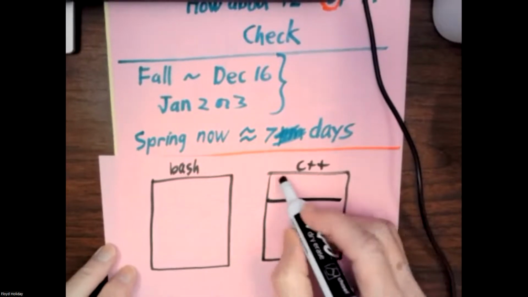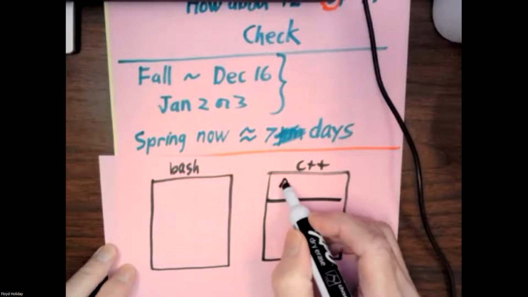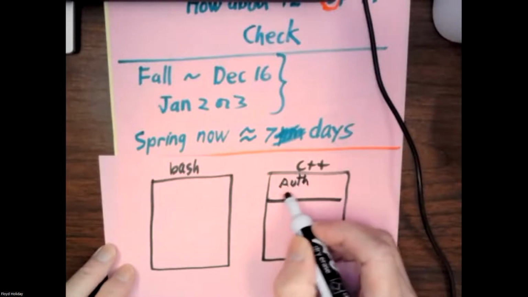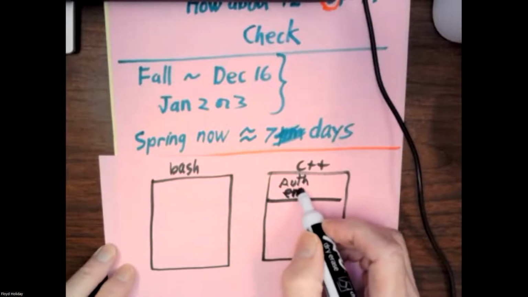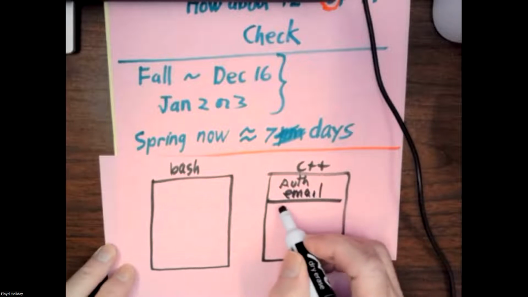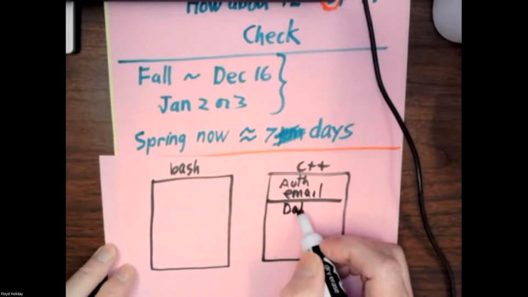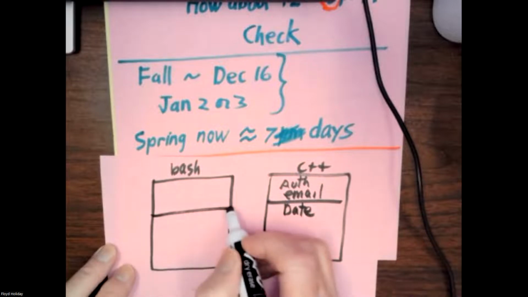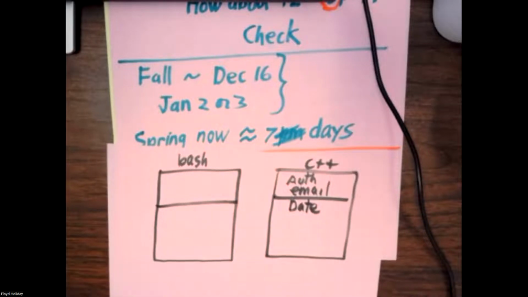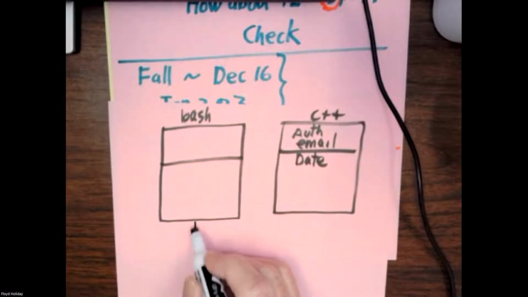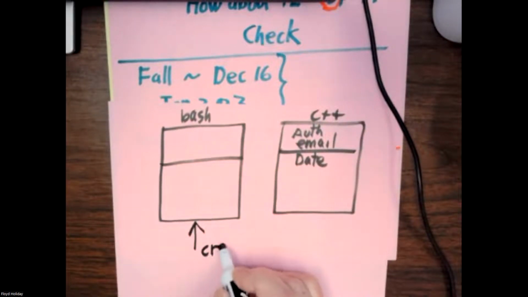So the student copies the basic information about author and email and today's date and pastes it over here and says I'm done. Sends me all the stuff, but this one crashes. Why does it crash?